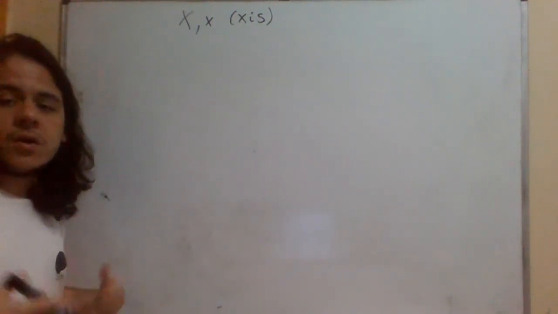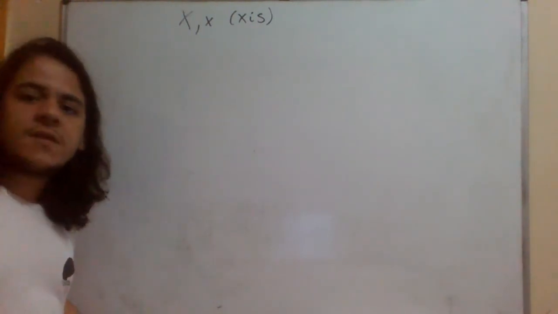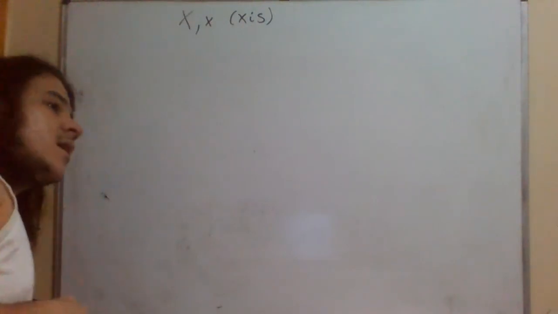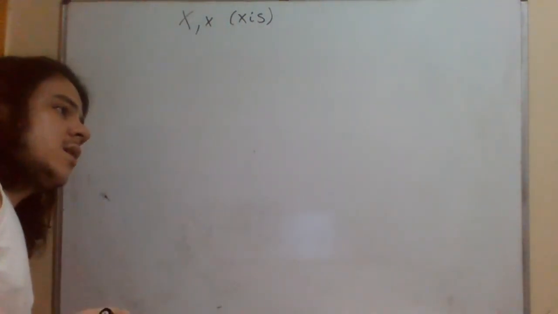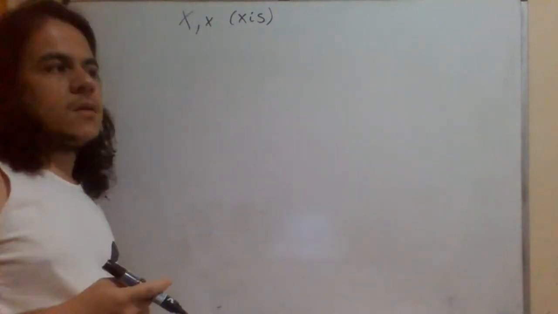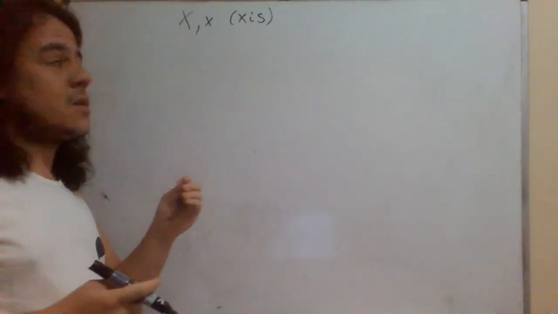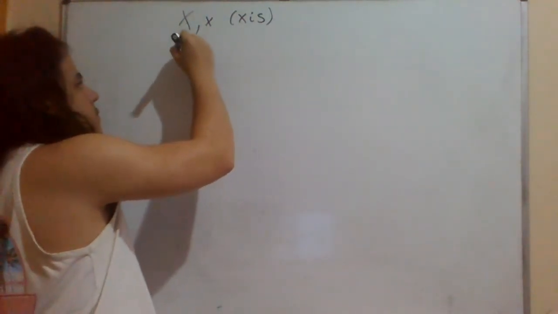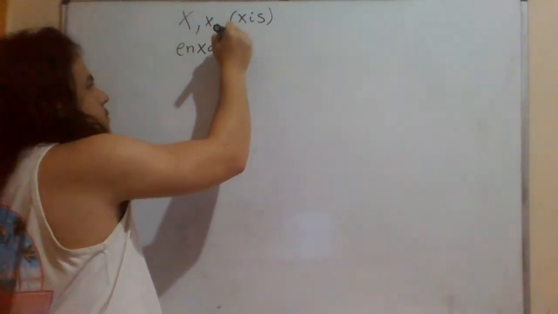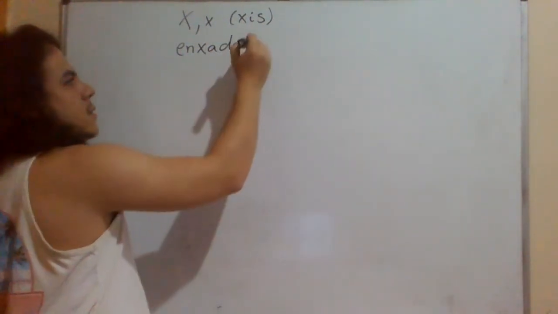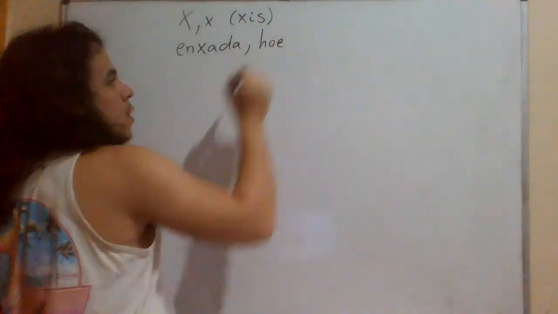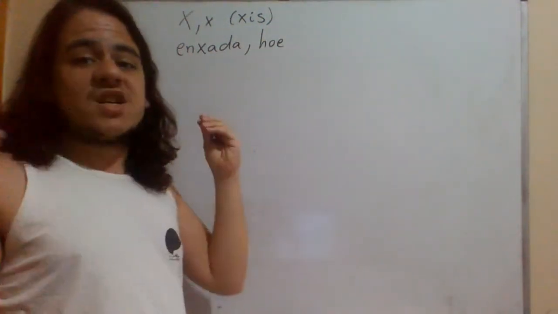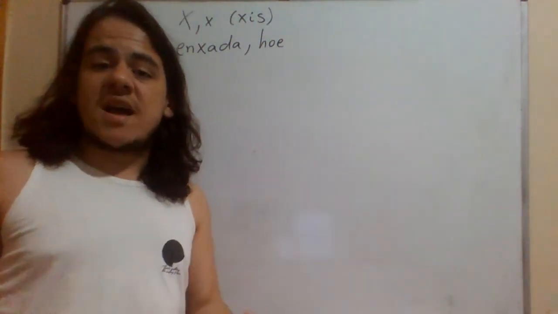But we're gonna learn by making mistakes, as I said at the beginning of the video. So letter X, letra X, can have the sound of sh, just like this. For example, enxada, it means hoe. So it has this sound of sh, enxada.